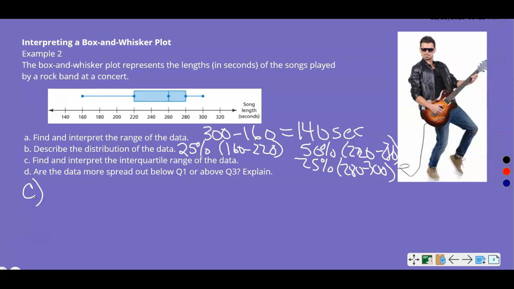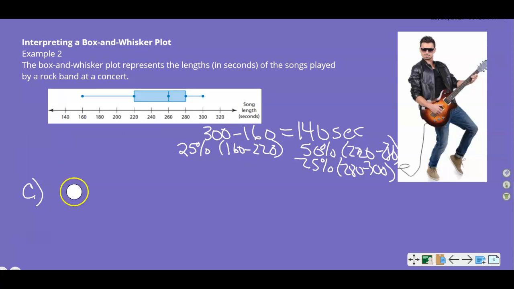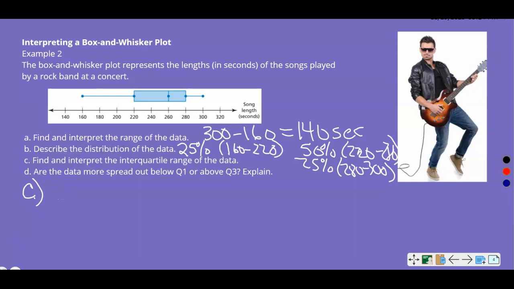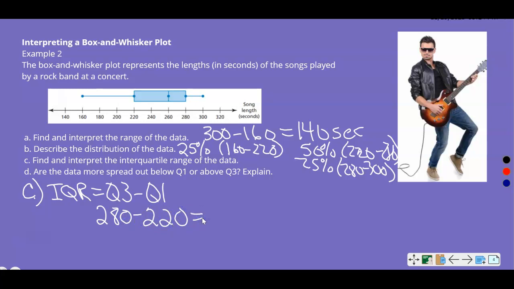The interquartile range is Q3 minus Q1. For this data, that's 280 minus 220, which equals 60. So our interquartile range is 60.